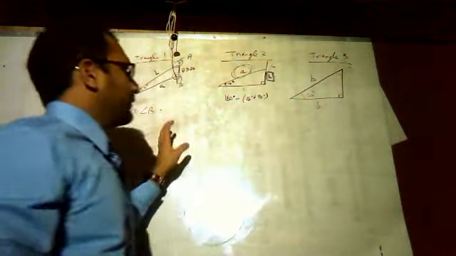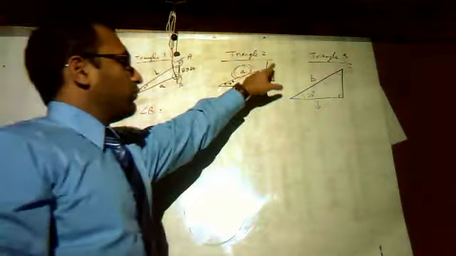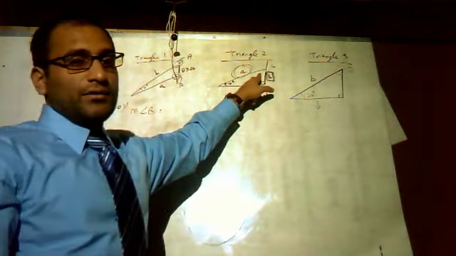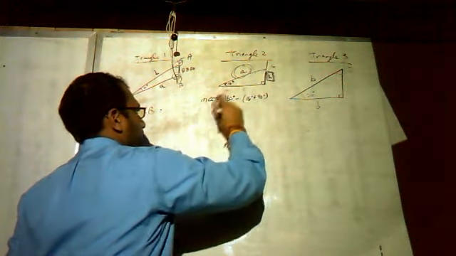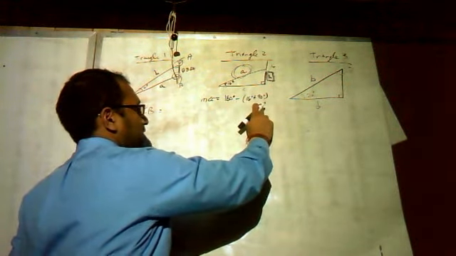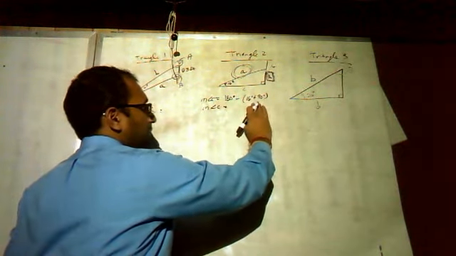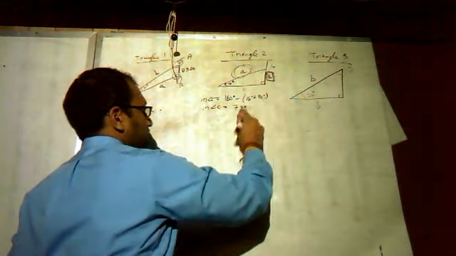If you're wondering why we jumped from here to there, one of the easiest things we can do is, we already have two angles in triangle 2, so let's go ahead and find the third angle. The measure of angle C is 180 degrees subtracted by the sum of the other two angles. So the measure of angle C is equal to 180 minus 106, which gives us 74 degrees.